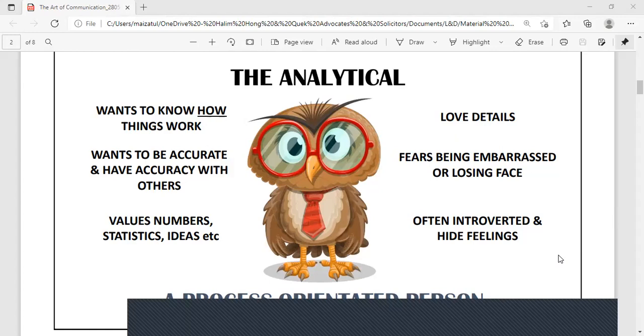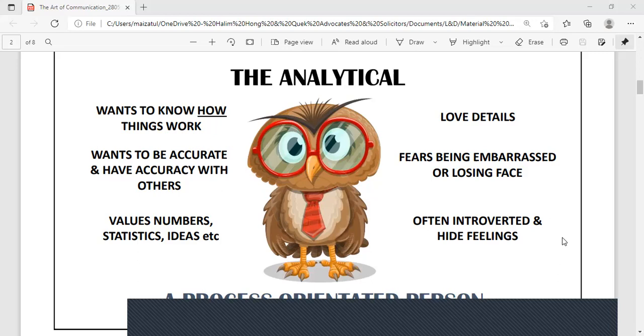They love data, they love information. They want to know how things work, and the information they have must be accurate and consistent with others' information. They value numbers, statistics, and they love details.